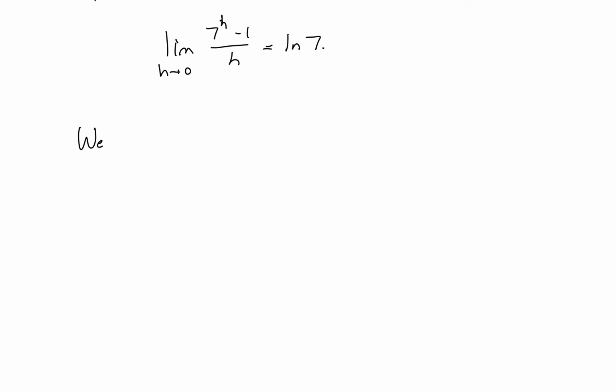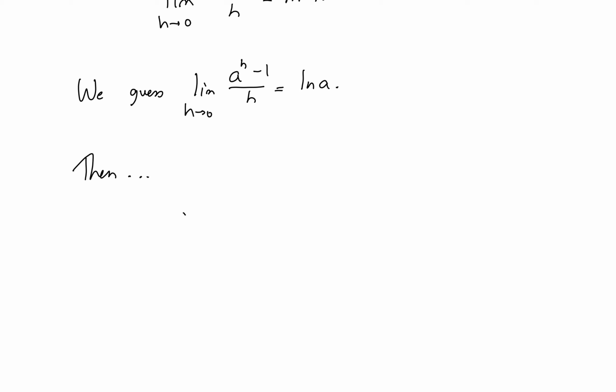So we guess the limit as h goes to 0 of a to the h minus 1 over h should be natural log of a. So then, if we do that, the derivative of a to the x is natural log of a times a to the x.